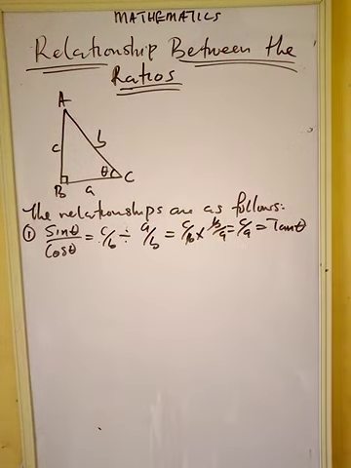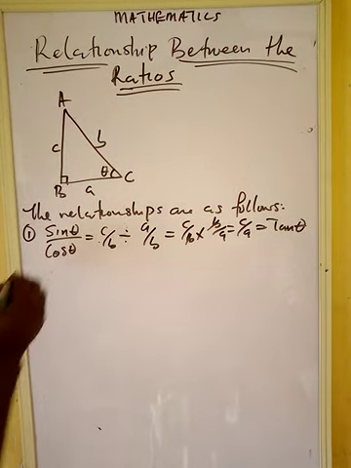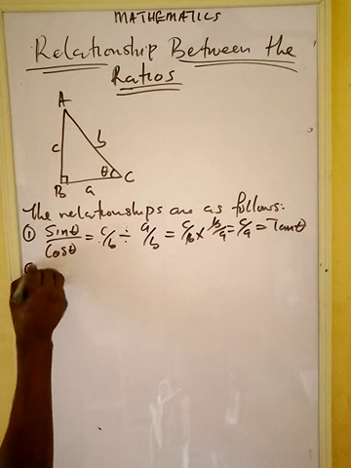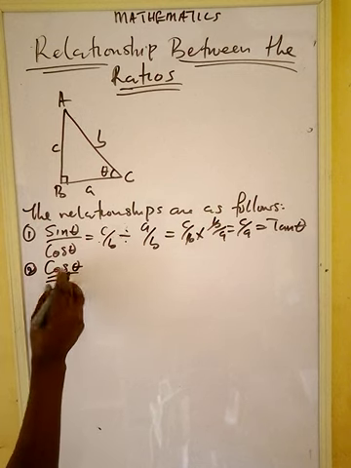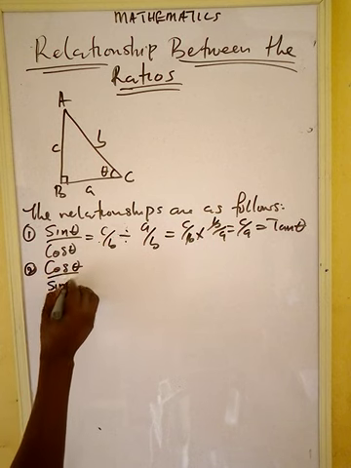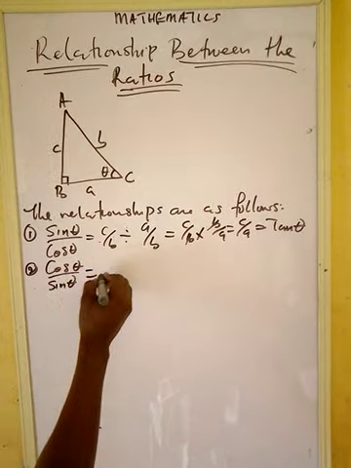And the other one, let's check the other one: cos theta over sin theta. So we want to look at the other way around. Then what's our cos theta?